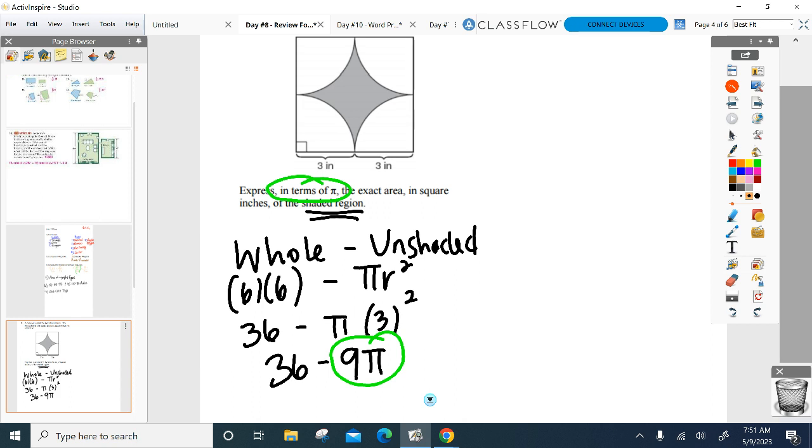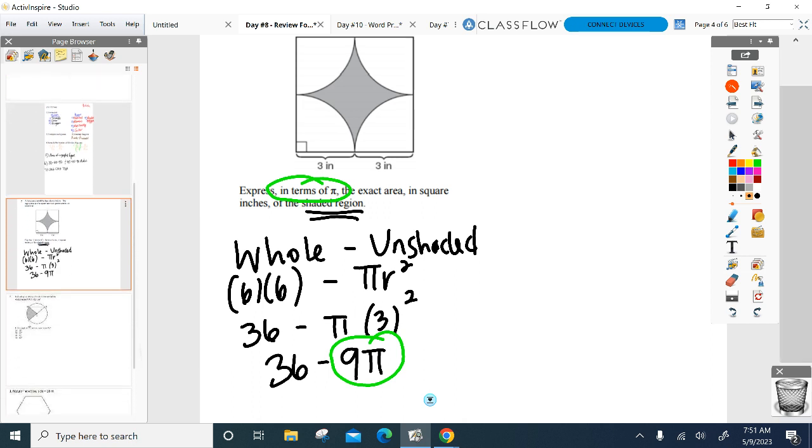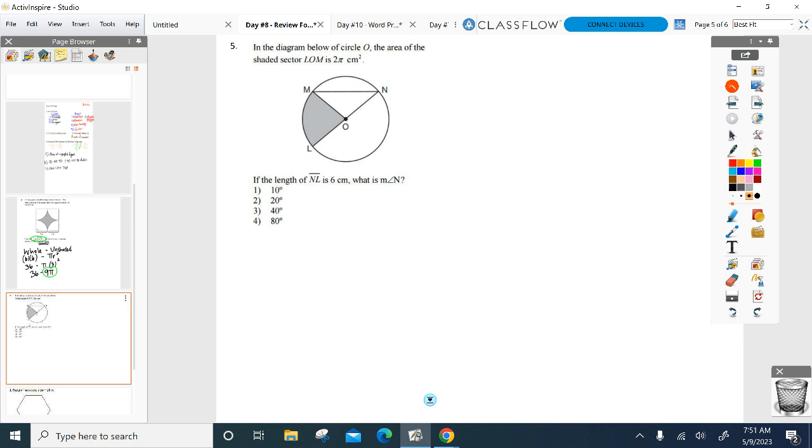All right, I'm going to go a little quick through these just so you guys can have enough time to practice. Let's go to 5. The length of NL is 6 centimeters. This is an old Regents question, FYI. The area of that sector is 2 pi.